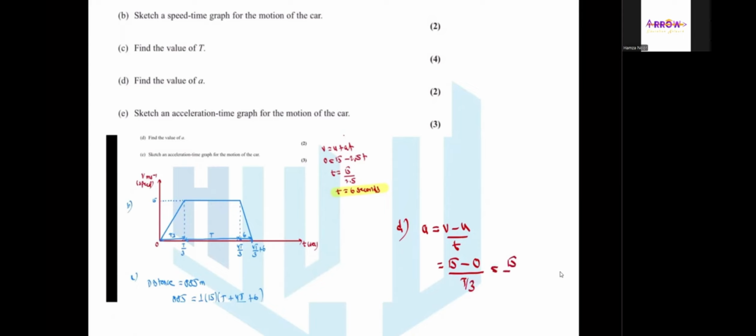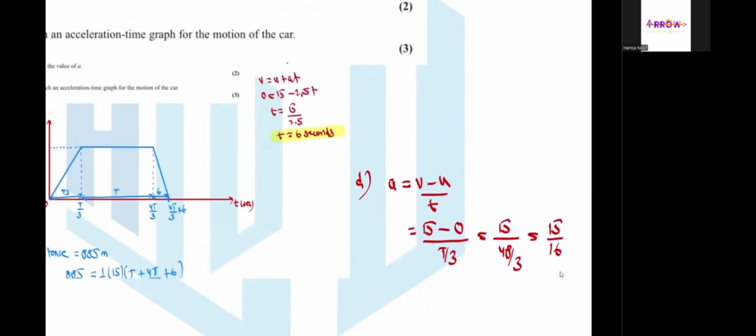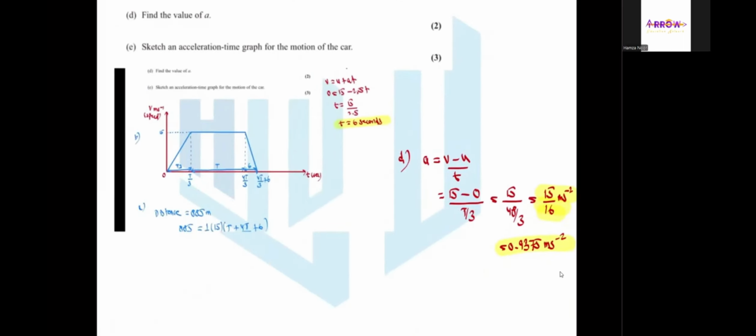So 15 divided by 48 over 3, which is 15 divided by 16. So you can leave your answer in an exact form as a fraction, or you can say just 0.9375 meter per second square. So the rate of acceleration is 15 over 16 meter per second square.